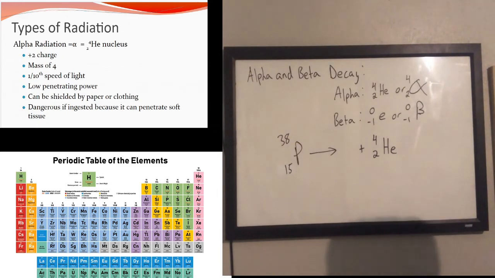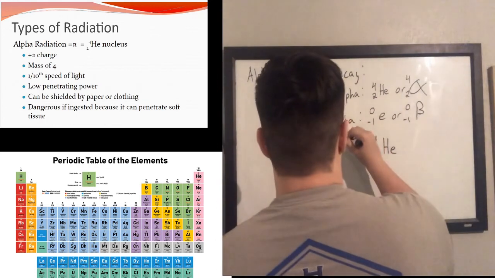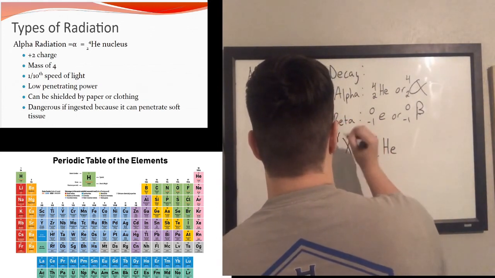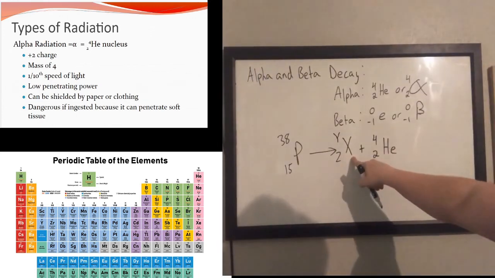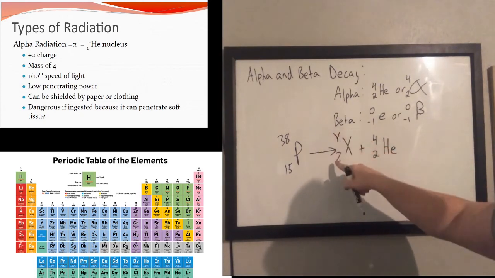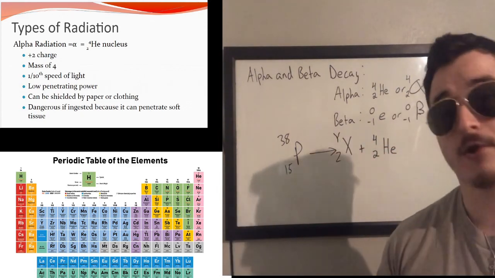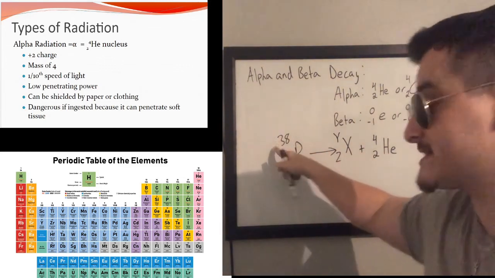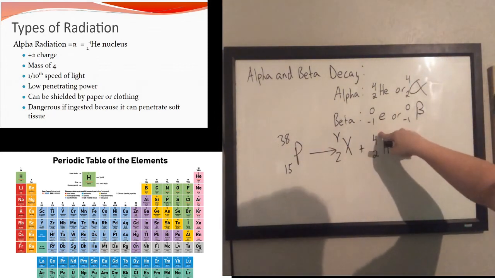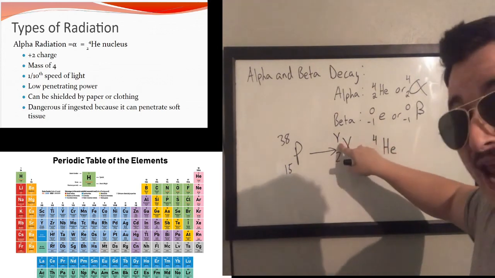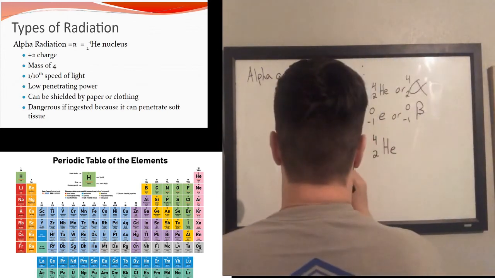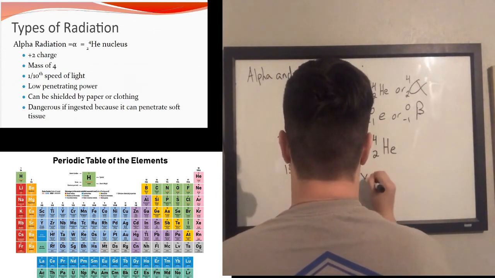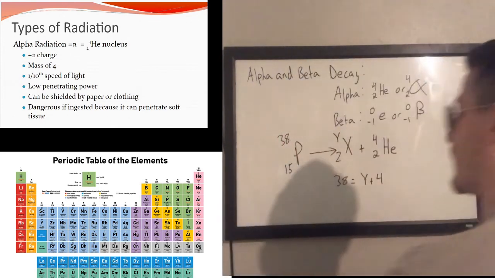So now, this is very, very simple. Let's be very intentional about this. We've got mystery element X with a mass of Y and a charge of Z. And we're going to fill in these blanks here. If I started with a mass of 38, and 4 of it is right here, then what does Y have to be? Well, 38 is equal to Y plus 4.